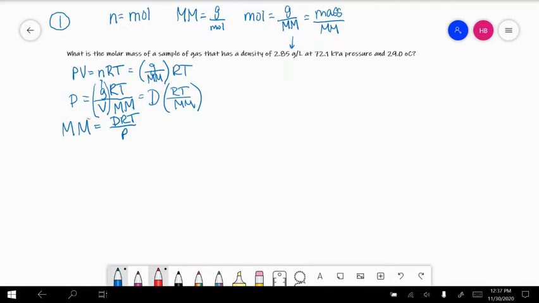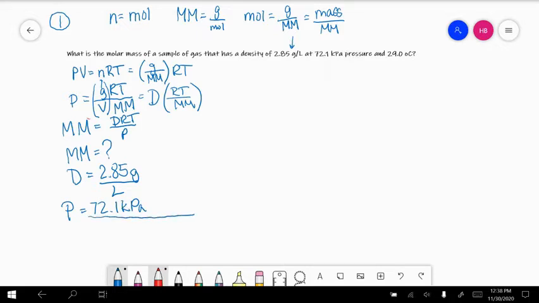That being said, let's read through the problem. It says, what is the molar mass? So that's what we're solving for. Of a sample of gas that has a density of 2.85 grams per liter at a pressure of 72.1 kilopascals. Remember, in order to use the ideal gas law, my pressure has to be in atmospheres.